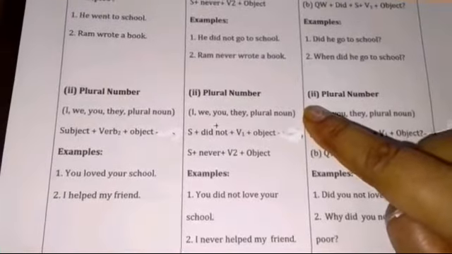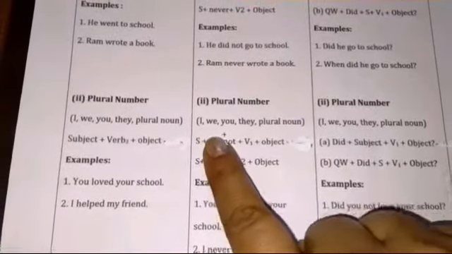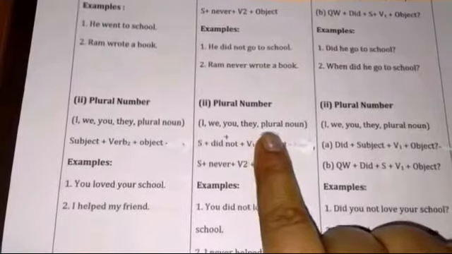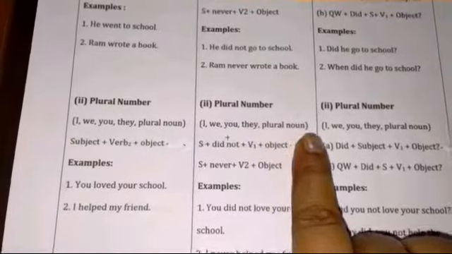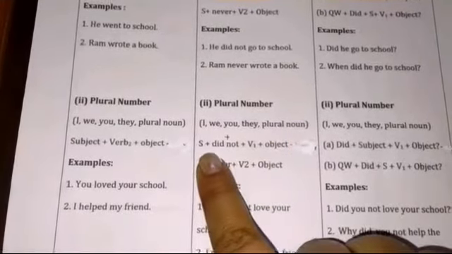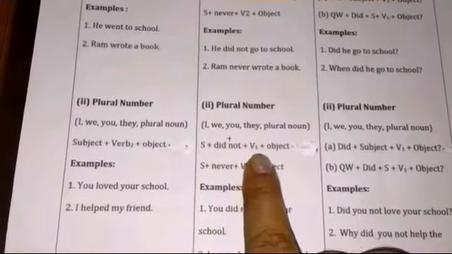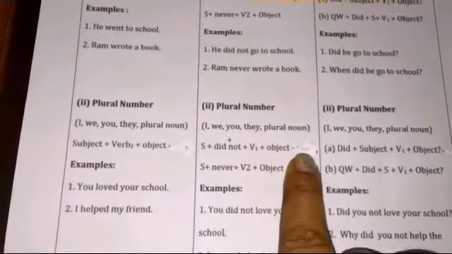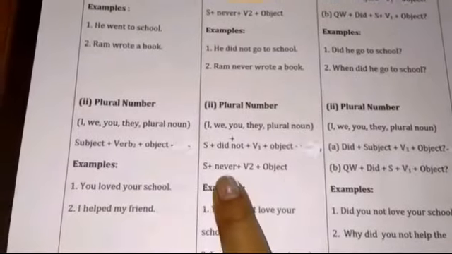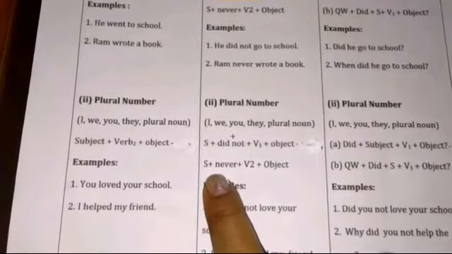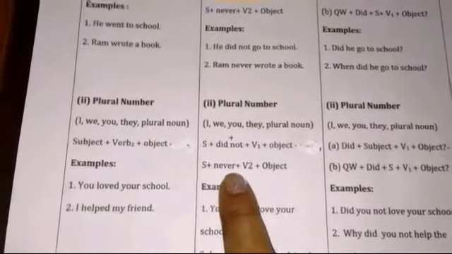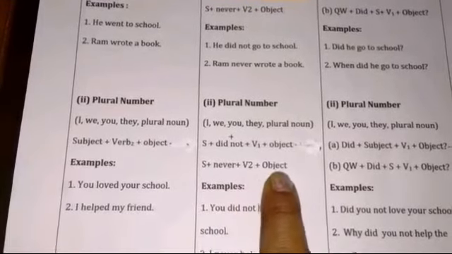In negative sentence, the same plural number: I, we, you, they, plural noun, and this is the formula: subject, did not, V first plus object, the same formula. And in the second formula, subject, never, V second plus object.